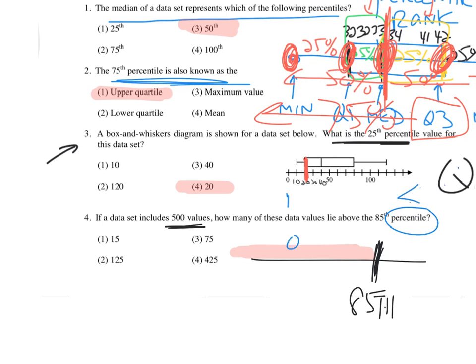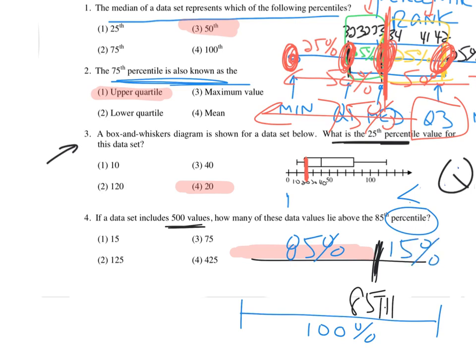So the 85th percentile has about 85% of the data less than that value. Well, since the entire section is 100%, that means that only 15% of the data lies above the 85th percentile. So that's what this question is saying. How many of these data values lie above the 85th percentile? Well, that's going to be 15%.